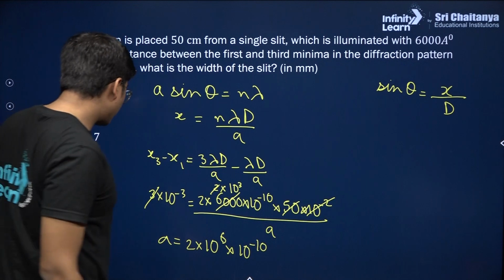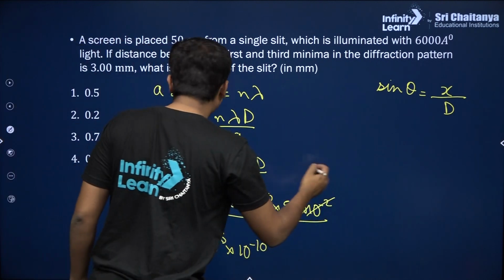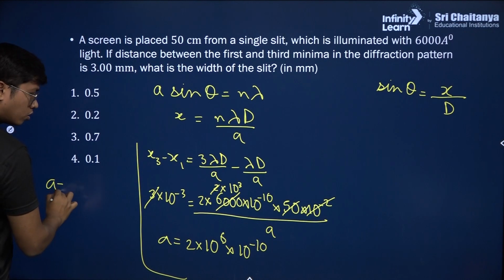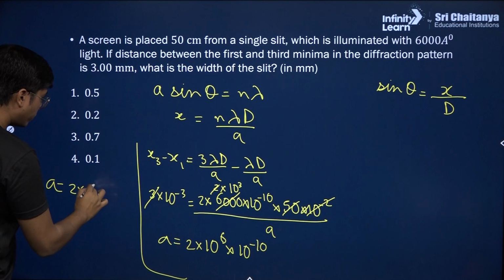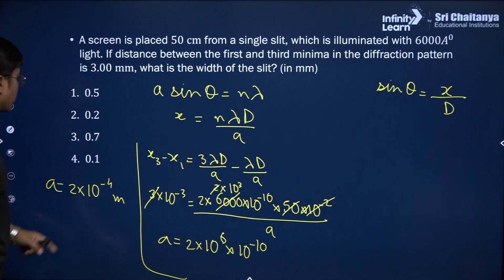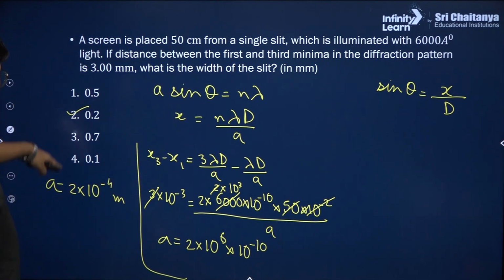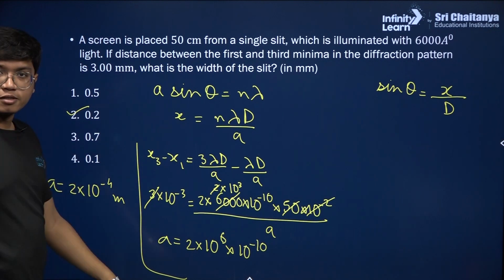That will make your a value as 2 into 10 to the power minus 4 meters. Alright, so that would be 0.2 millimeters. They have given it in millimeters. So 2 into 10 to the power minus 4 meters is 0.2 millimeters.